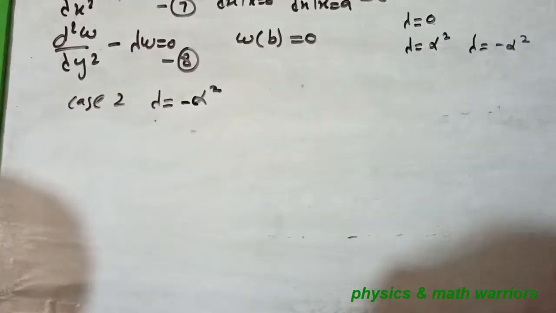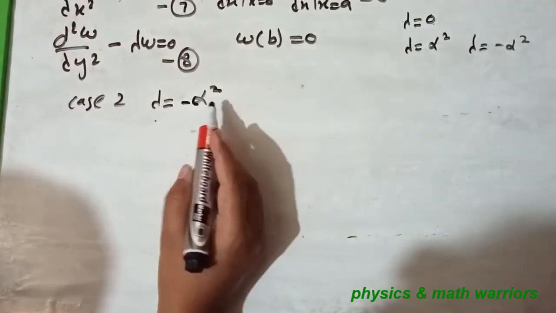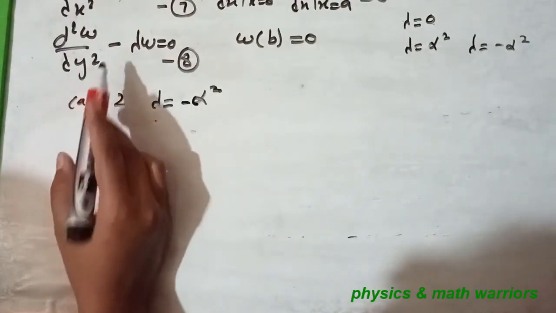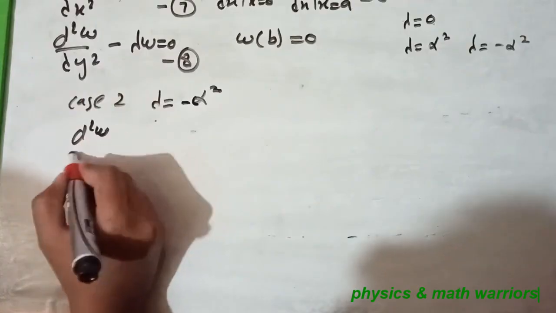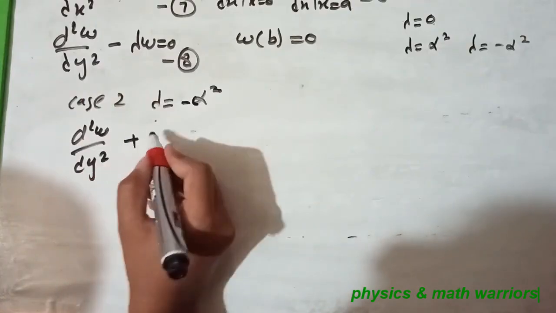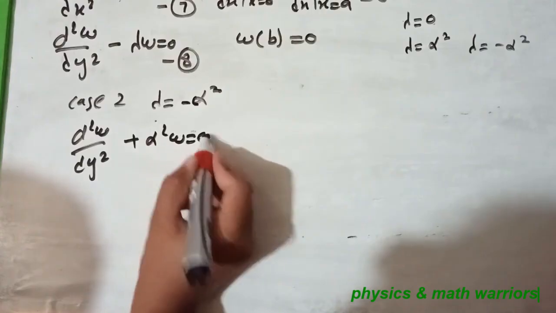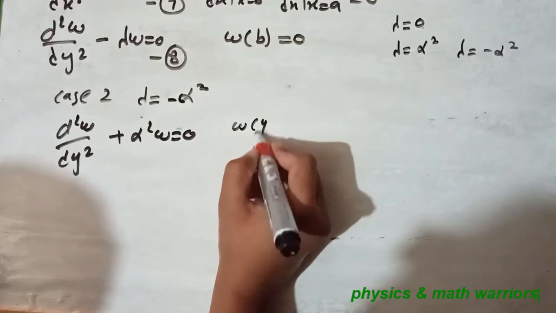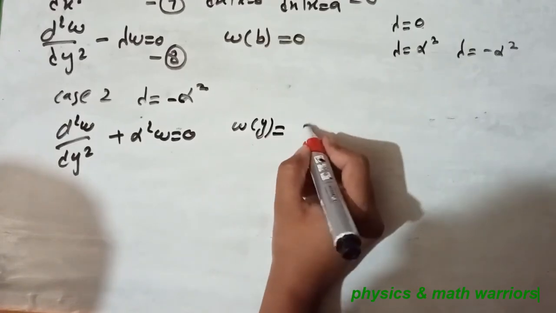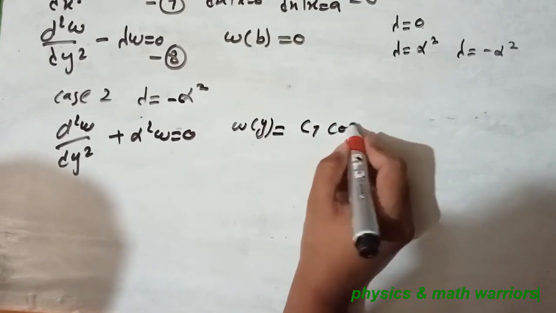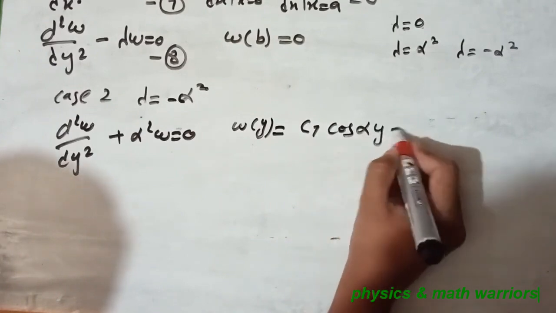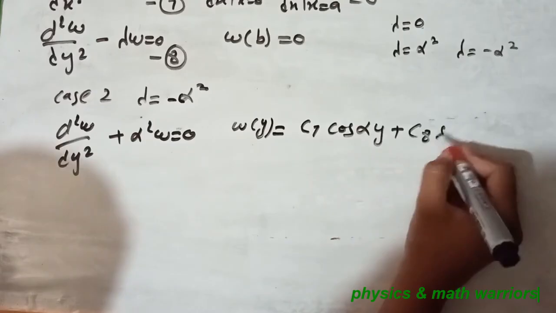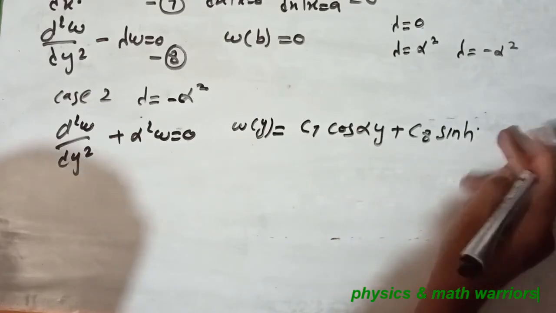So v of x is equal to 0. If lambda is equal to minus alpha square, then equation 8 becomes d square omega over dy square plus alpha square omega is equal to 0, and the solution of this equation is omega of y is equal to c7 cos alpha y plus c8 sin alpha y.